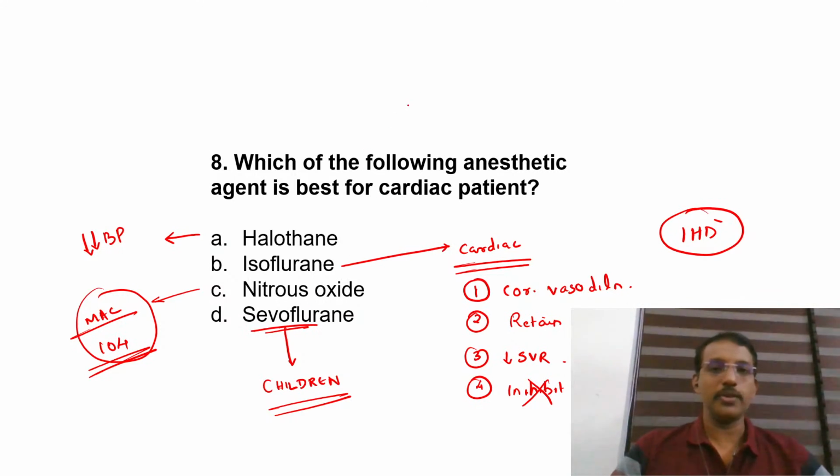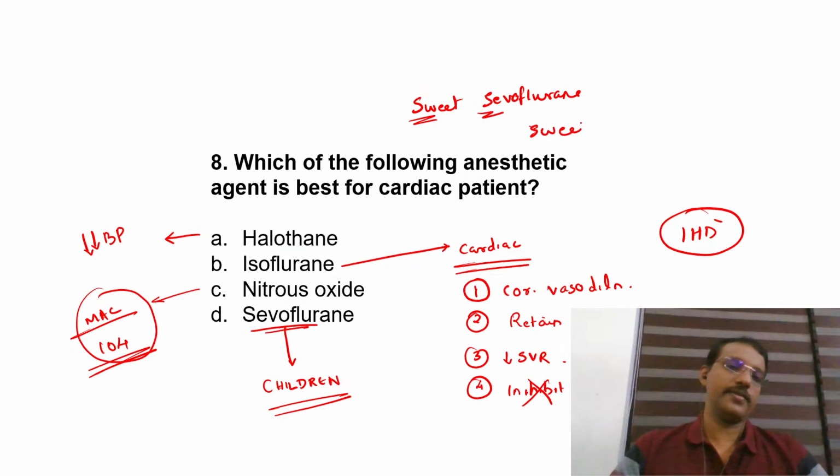So I usually use a mnemonic: sweet sevoflurane for the sweet children. A common question, which is an induction agent of choice for children. Okay, so that is why we use that.